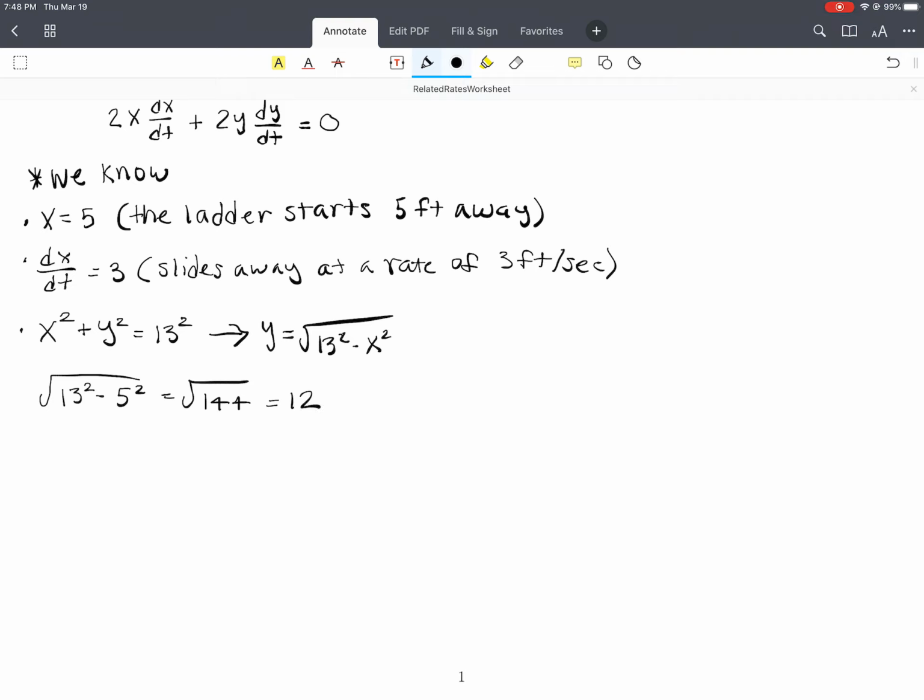So we know that y is 12. And what we want to know is dy/dt. We want to know how fast the ladder is going down the wall. So next up, we just substitute and solve.